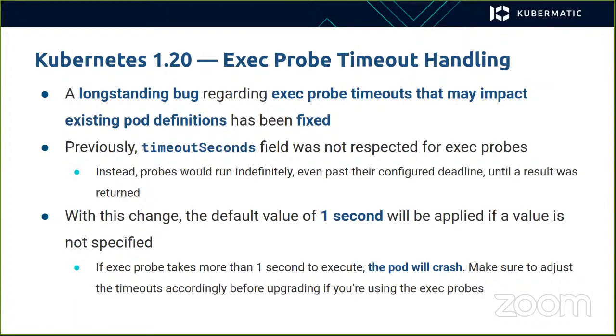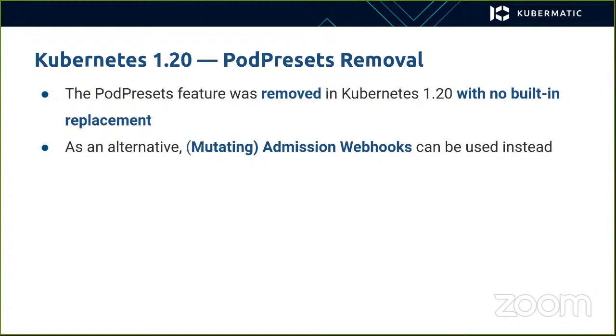Now it is changed, so the default value is 1 second for exec probes. And if your probes are taking more than 1 second to execute, then your pod might be crashing. So make sure to check your timeoutSeconds field for your pods running exec probes to make sure that you're on the safe side.